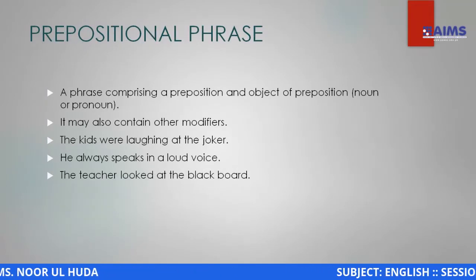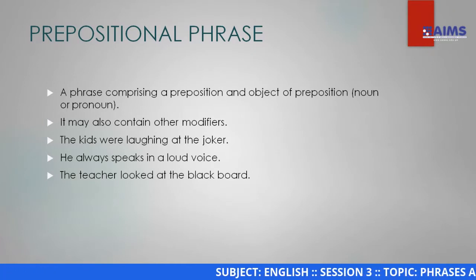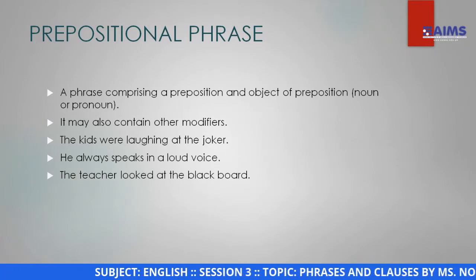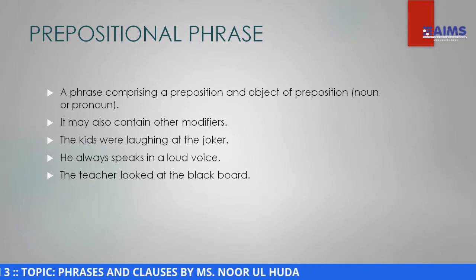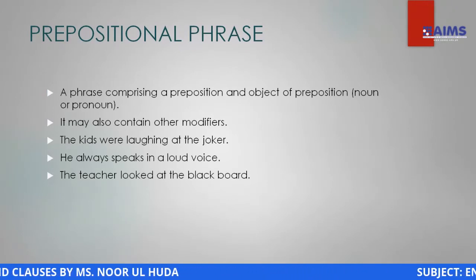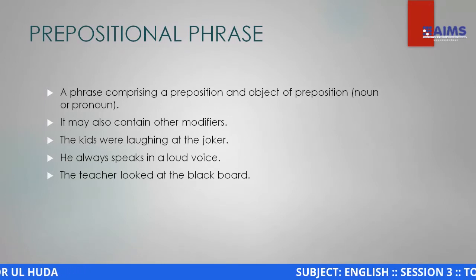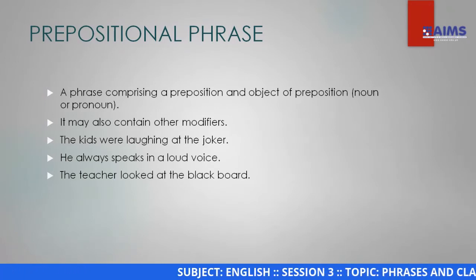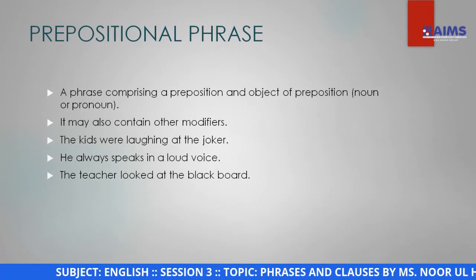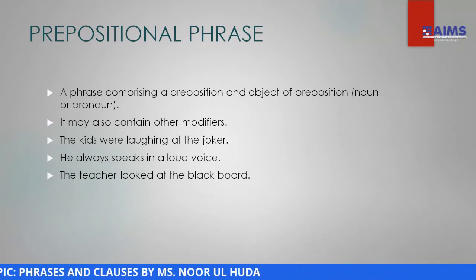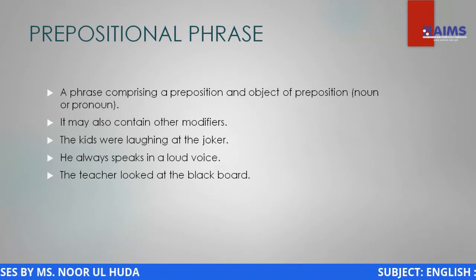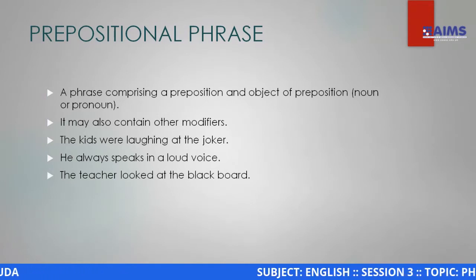Okay, another one is the prepositional phrase. A prepositional phrase comprises a preposition and an object of the preposition, a noun or pronoun, meaning it is telling us the position of the object. The object could be a noun or pronoun.